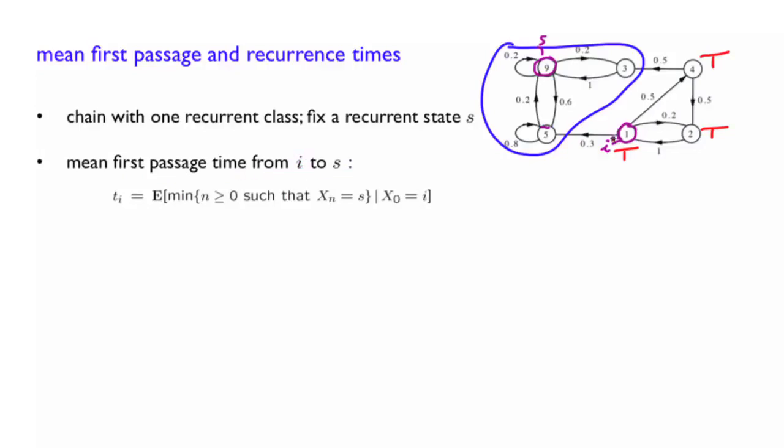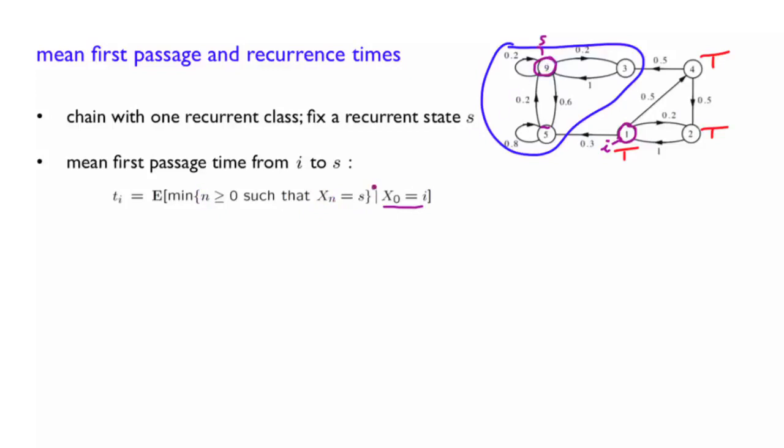Here we're going to illustrate that with 1. And mathematically, this is what we have here. So here again, what you have is that the Markov chain started in state I at time 0. And now you are looking at this set here. And this set records all the times n, such that your Markov chain X_n is in the state S of interest.